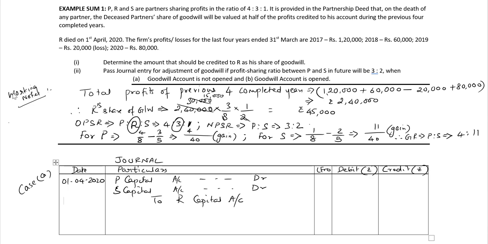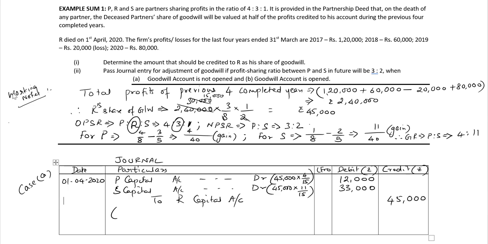We'll write R's share of goodwill rupees 45,000 against R's capital account, and this needs to be divided in gaining ratio. So against P it is 45,000 rupees multiplied by 4 divided by 15, 12,000 rupees. And in the case of S, it's 45,000 rupees multiplied by 11 divided by 15, 33,000 rupees.